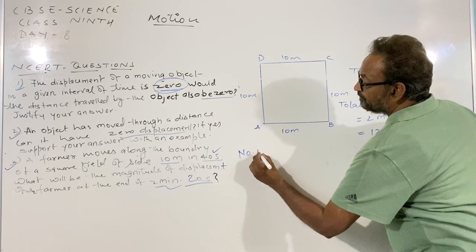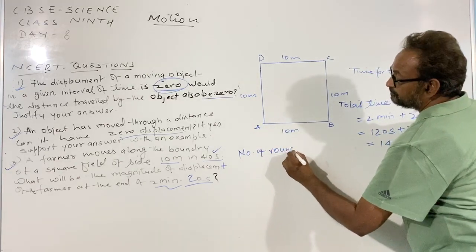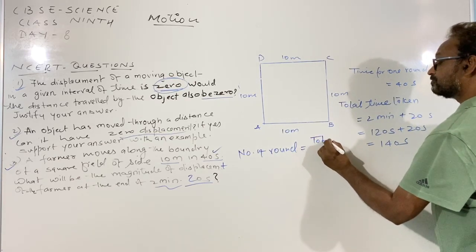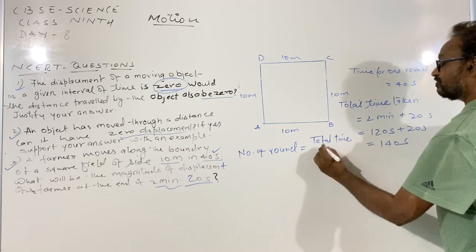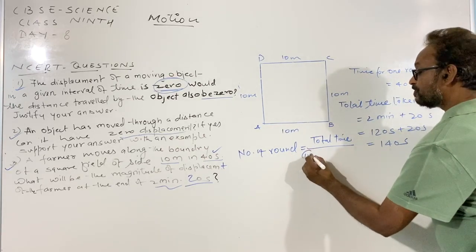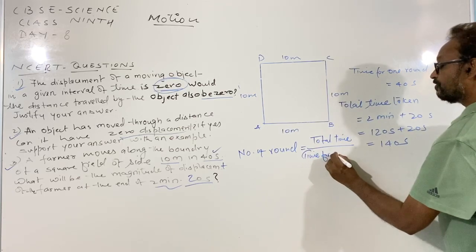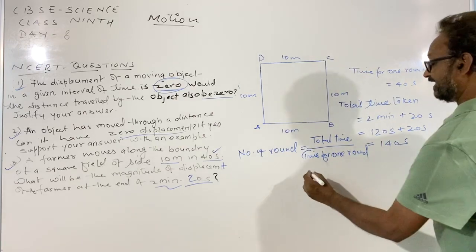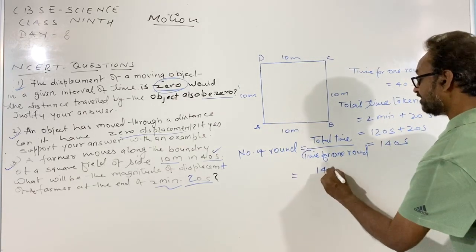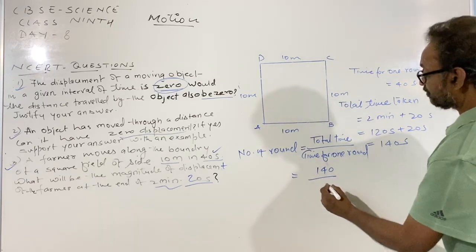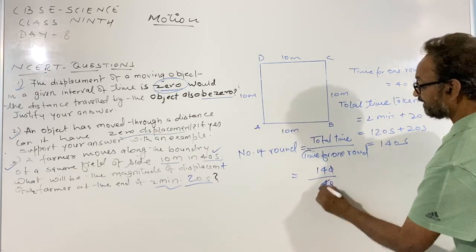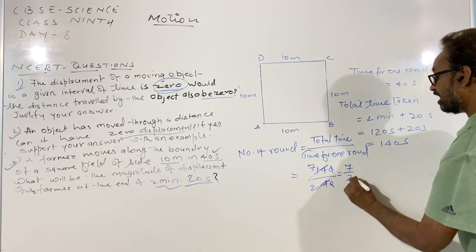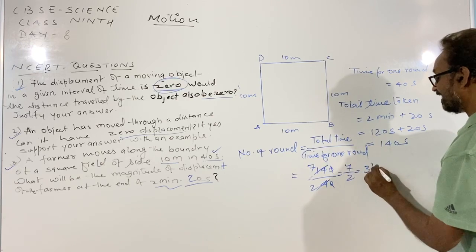Number of rounds is equal to total time over time for one round, that is 140 over 40, that is 7/2 or 3.5.